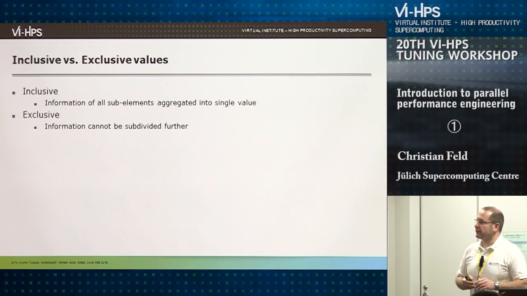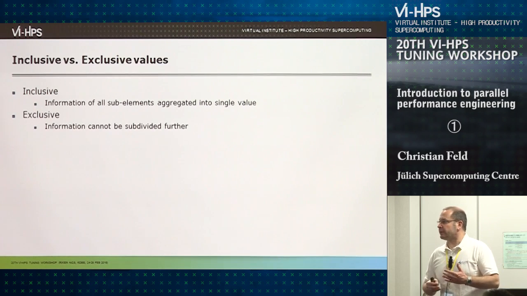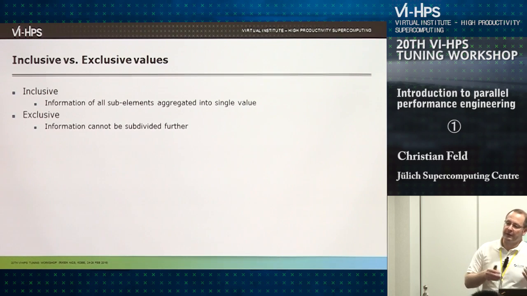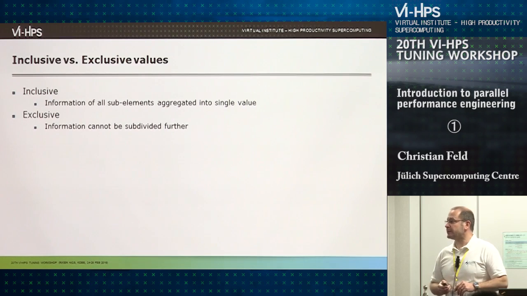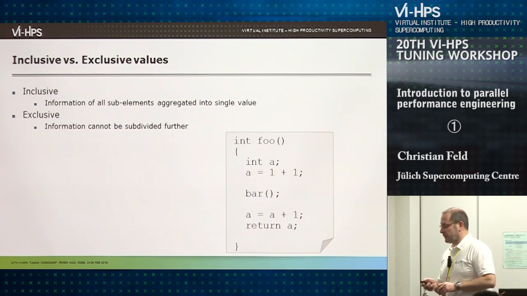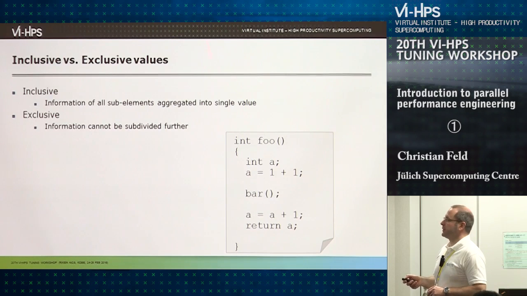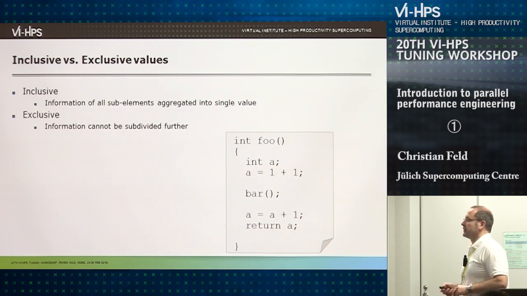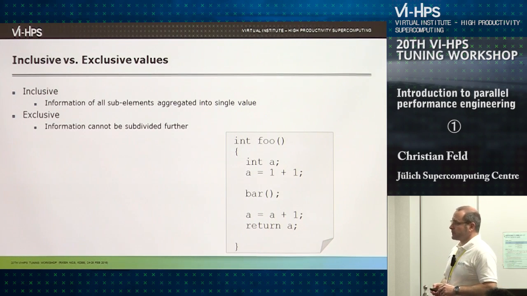There's other terminology. You can view the values in an inclusive or an exclusive way. Here, for example, we have a function foo that does some computation in the beginning, then calls a function bar, does some other computation, and then just returns.